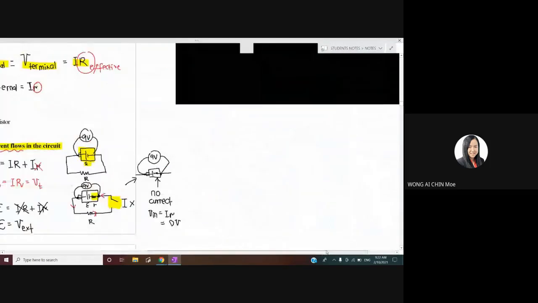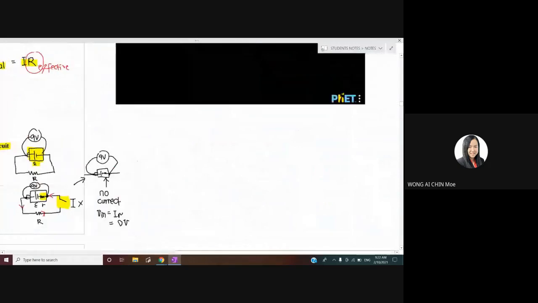So EMF equals to I R plus I R, internal and also external. Because there's no internal resistor, so ini adalah kosong. Tadi cikgu belum set dia kosong dulu.